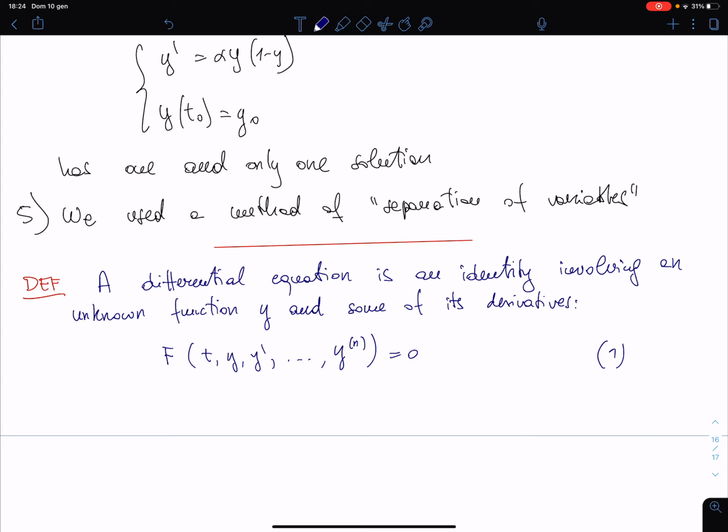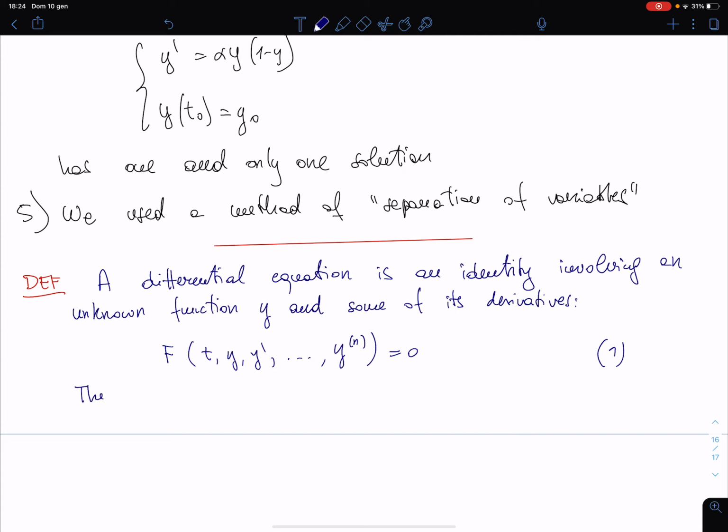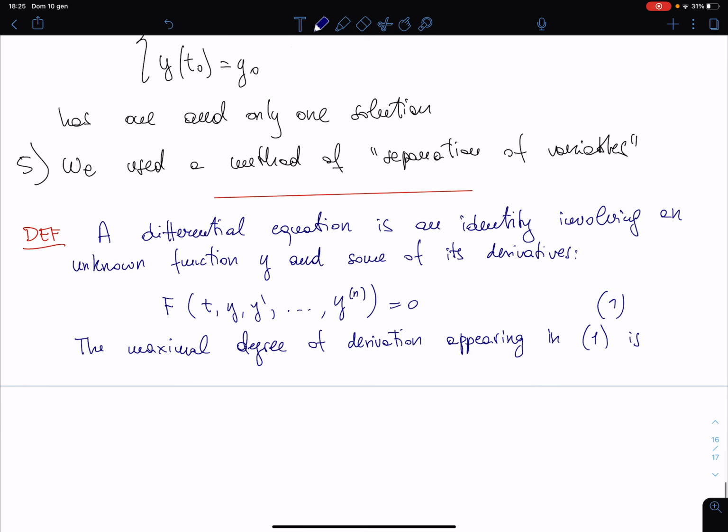Now, the maximal degree of derivation, so the highest derivative that appears in 1, is called the order of the ODE.